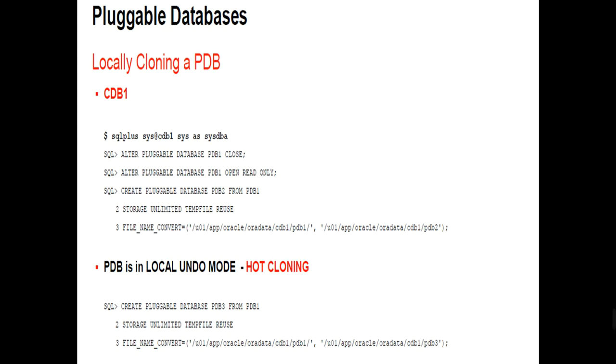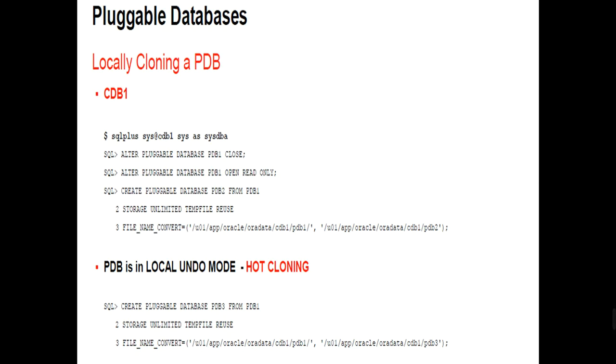On that one server the CDB plus PDB is running, and we are going to clone locally. We put that pluggable database in open read only mode and create the pluggable database. One container database is running with one PDB, and we clone that PDB within the same container, creating another PDB with a different name.